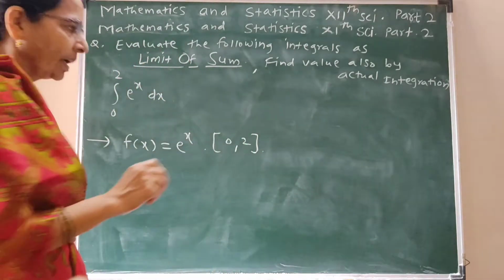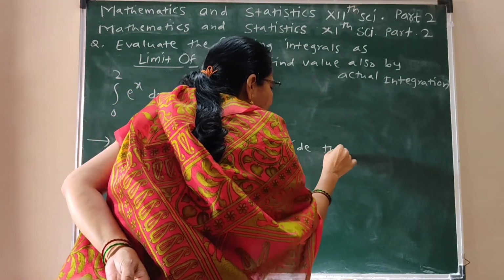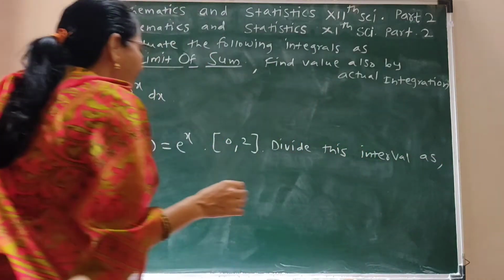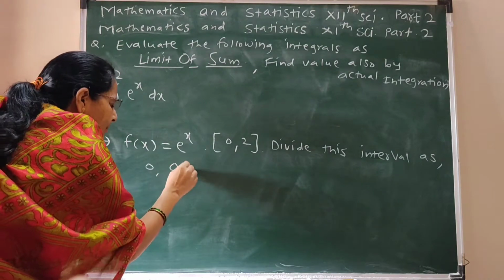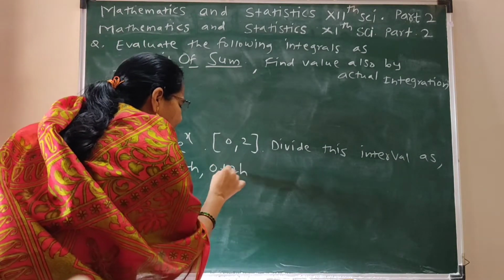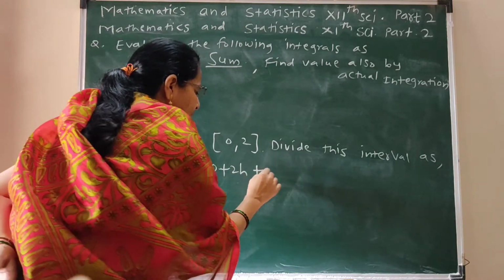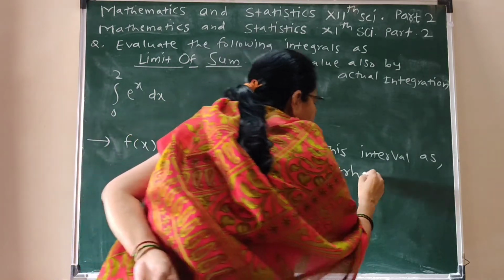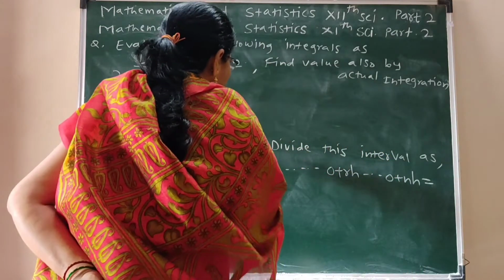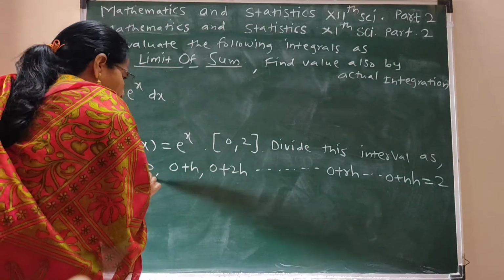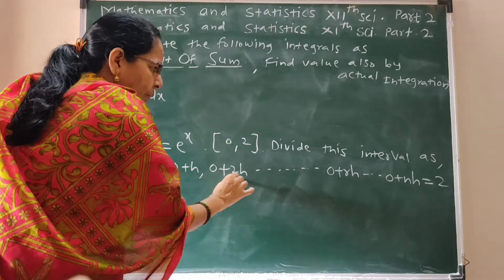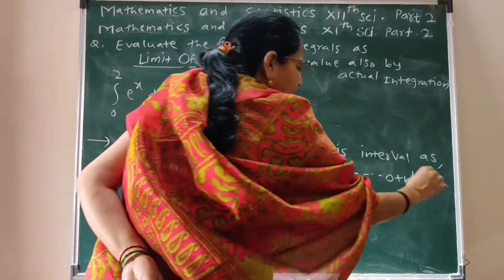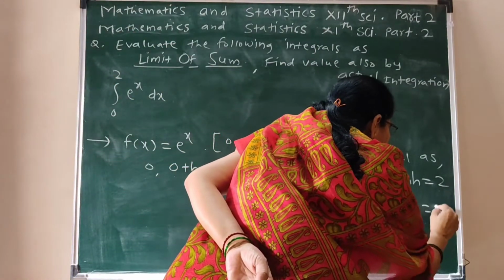Divide this interval as 0, lower limit, 0 plus h, 0 plus 2h, where h is a small increment, up to 0 plus rh, the rth term. 0 plus nh, that is the nth term, is equal to the upper limit 2. That means we have nh is equal to 2.